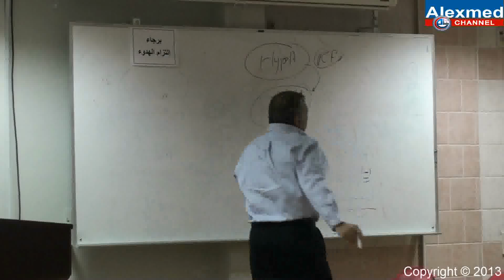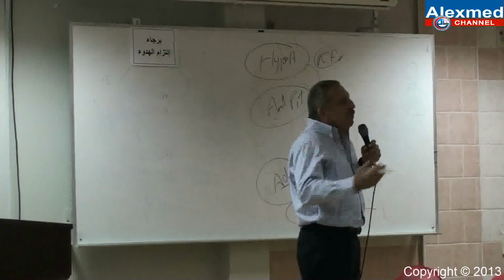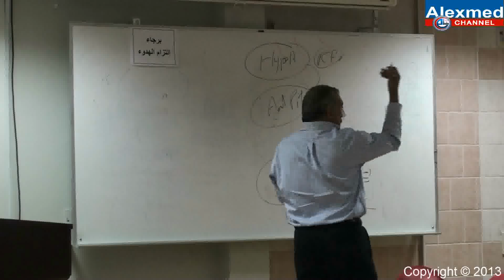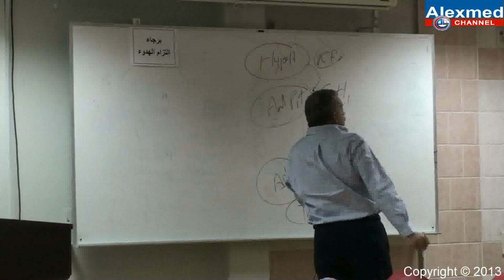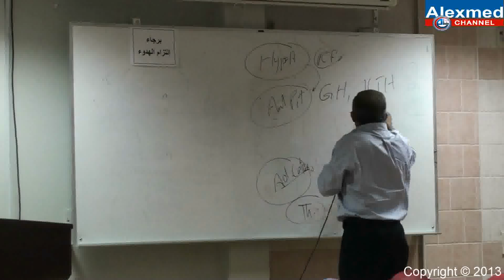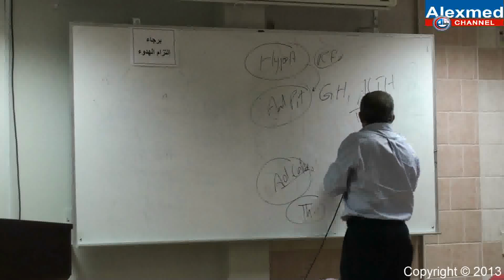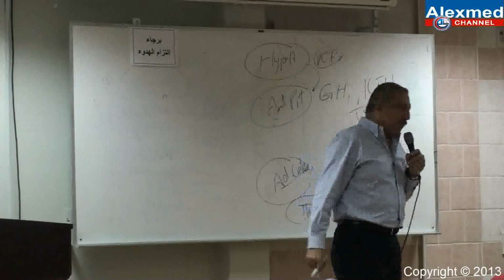It will act on the anterior pituitary to stimulate the release of hormones from the anterior pituitary. Example, growth hormone. Example, ACTH, TSH، وجونادوتروفيك هرمونز وبرولاكتين. ده اللي طالع من الانتيريور بيتيوتري.